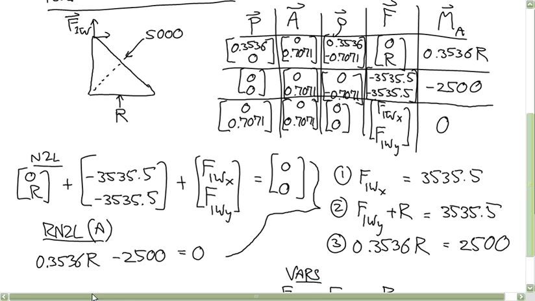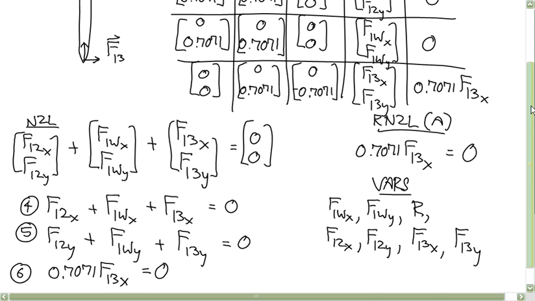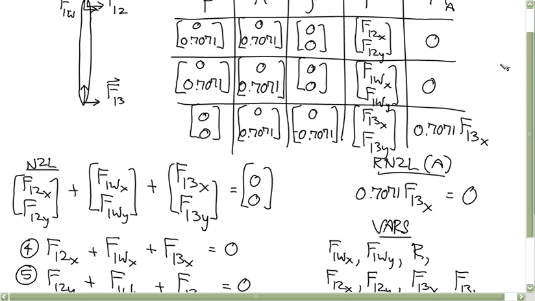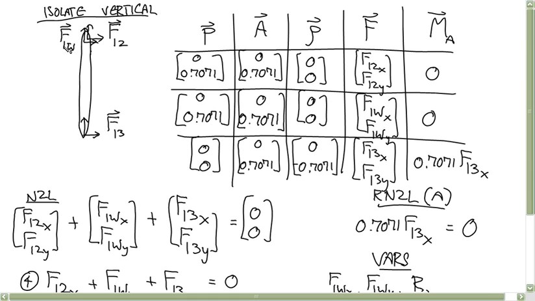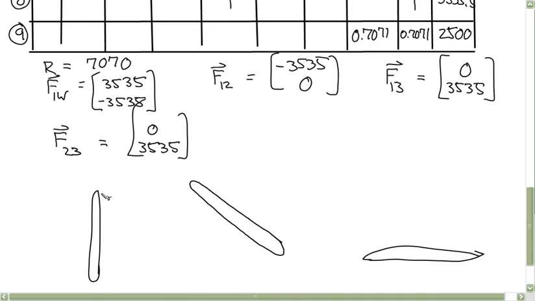So when we isolate that first member, we have F1W plus F12 acting up here, right? And we have F13 acting down here. So 35.35, negative 35.35.